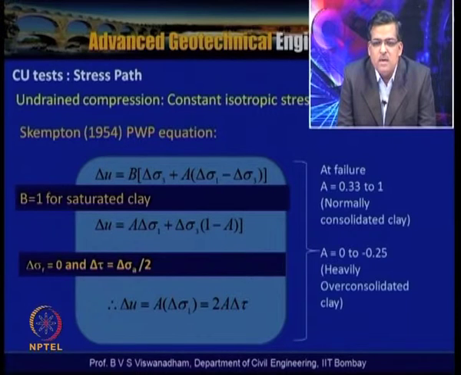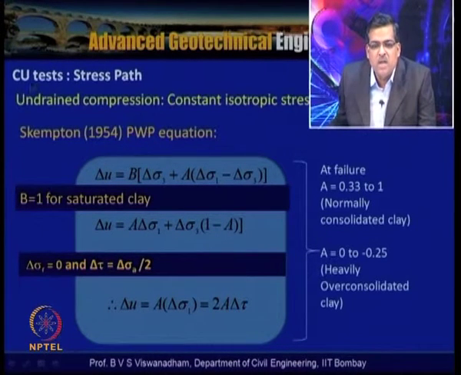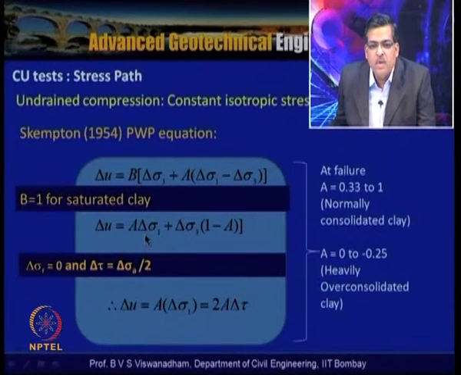When you substitute, taking delta sigma 3 common, delta U is equal to A delta sigma 1 plus delta sigma 3 into 1 minus A.